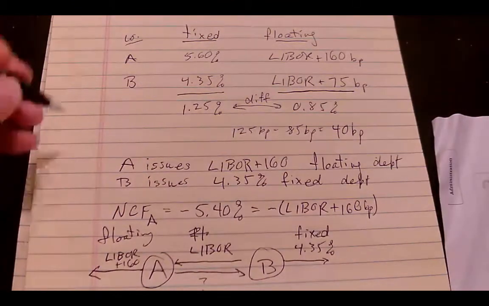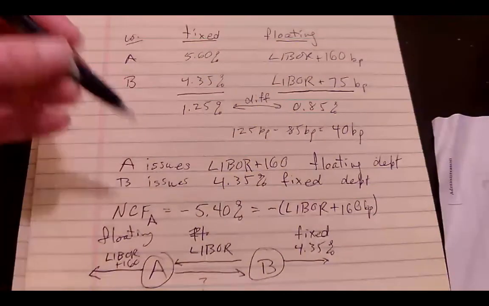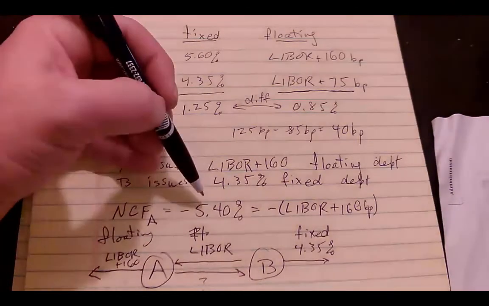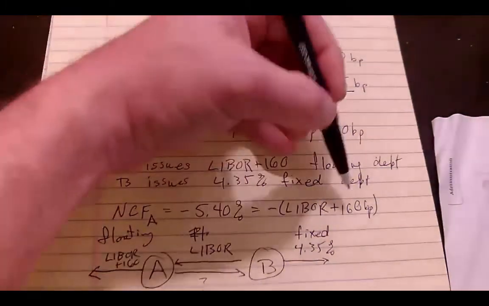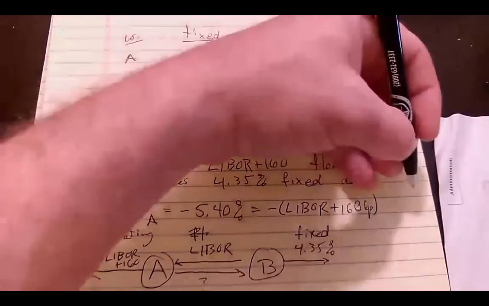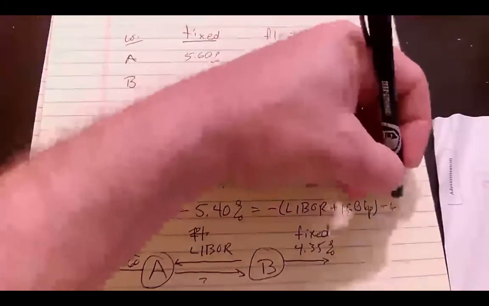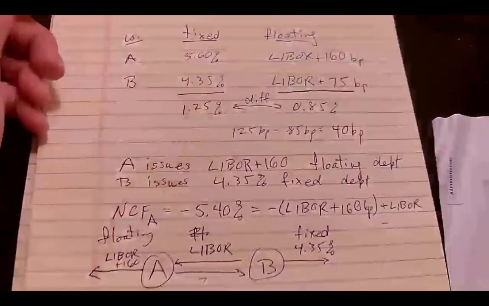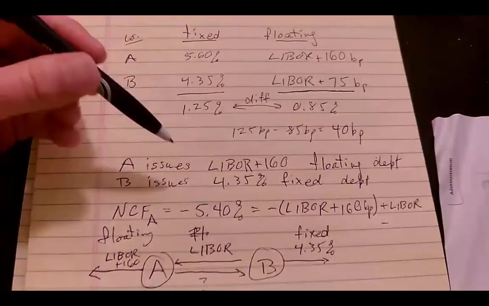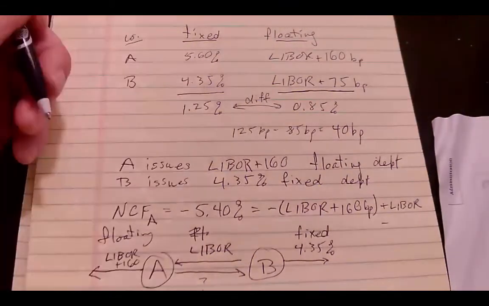Alright, so basically we want to end up with, say, pick one, like I said, A is going to end up with a net 5.40. That's going to be equal to LIBOR plus 160 plus LIBOR they're receiving from the swap contract minus whatever they're paying to the swap contract. Well, it's minus whatever it takes to get to 5.4. That's basically our target here.